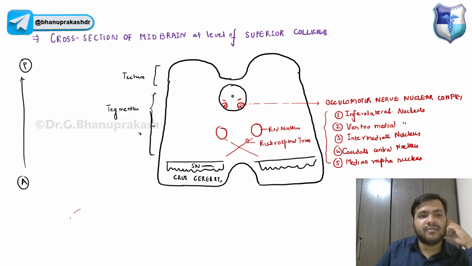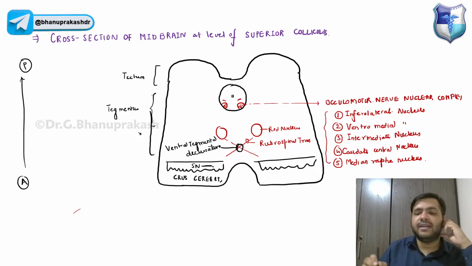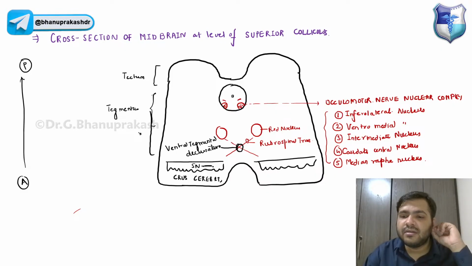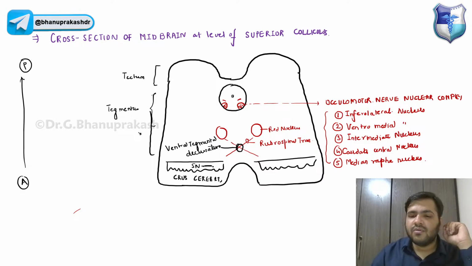And you can see over here the ventral decussation, guys. The fibers are getting crossed, so I can simply call it the ventral tegmental decussation, which is occurring at this point.